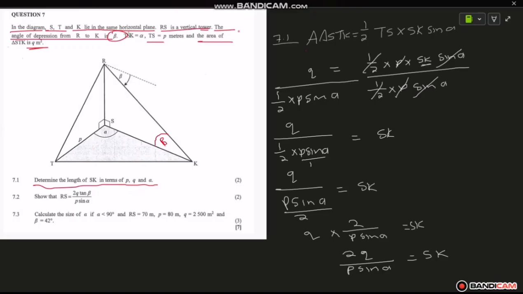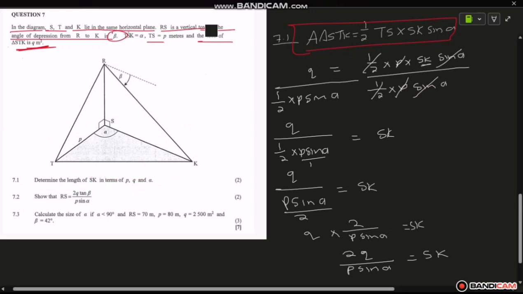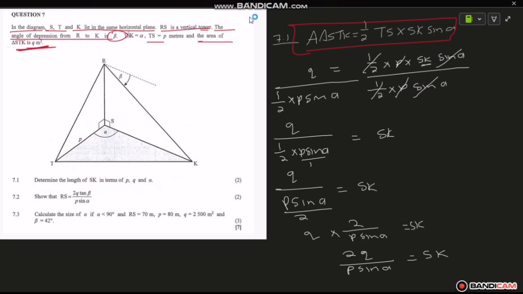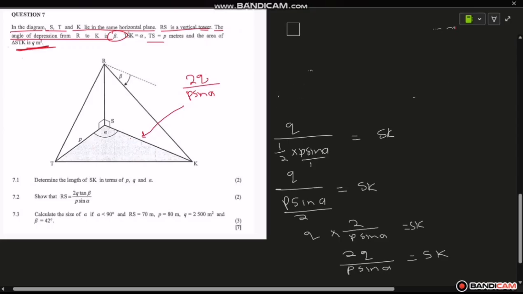This is how you solve it. We use the area rule. Why? Because we have these two sides, the included angle, and the area of that triangle. So the size of SK here is 2Q over P sine A. I hope you understood it.